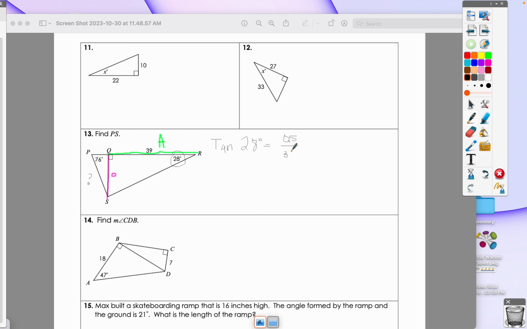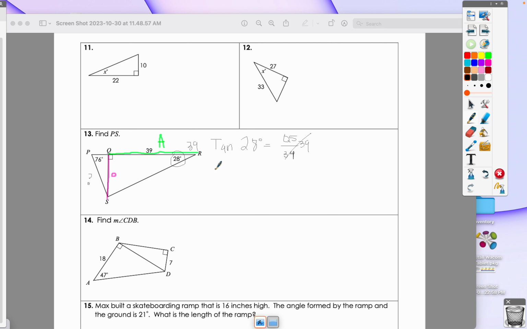All right, well, you guys, the opposite of dividing by 39 is to multiply by 39. So we're going to multiply 39 to the other side, and we're going to grab a calculator. What you're going to do is put 39 times the tangent. Now remember, it's regular tangent, not inverse, because we have our theta. 28 goes into the parentheses for your theta. And again, not the final answer.